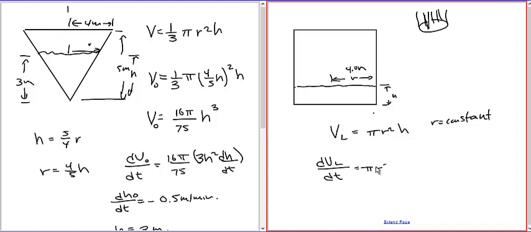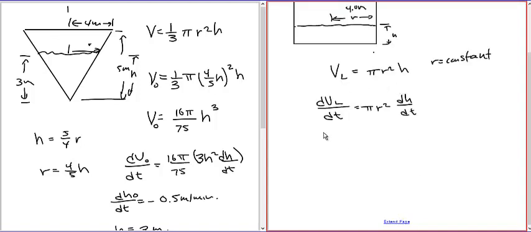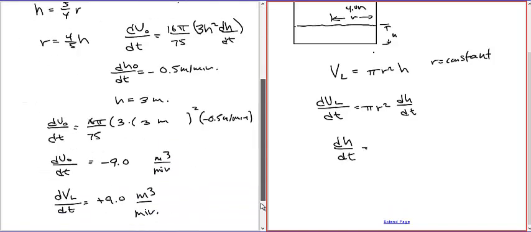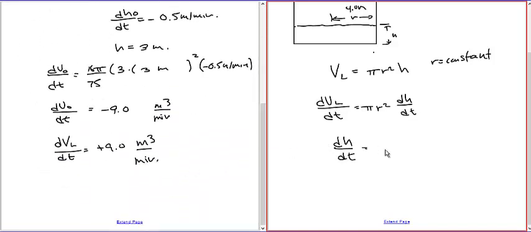So when I take the derivative of both sides, pi is a constant, r is a constant, h is not a constant, so what I'm calculating here is dH/dt. And what I'm looking for is dH/dt, because I'm given dV sub L/dt. I already calculated that. That's positive 9 cubic meters per minute. So if I solve for that, I'll get 1 over pi r squared times dV sub L/dt.